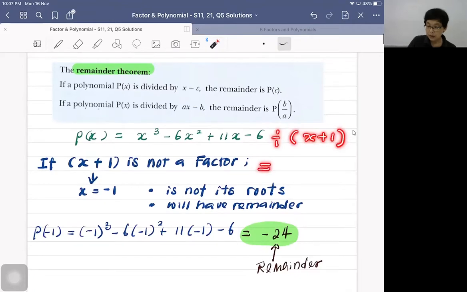You're going to get some kind of quadratic, and at the end of it, a remainder of -24. And that is the remainder theorem.